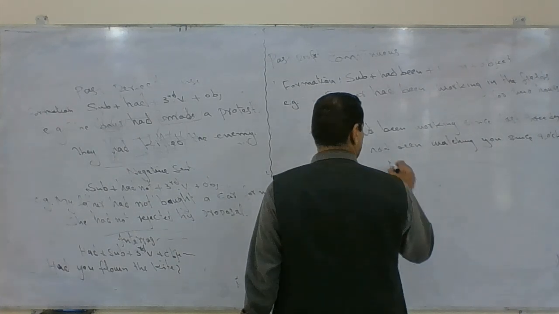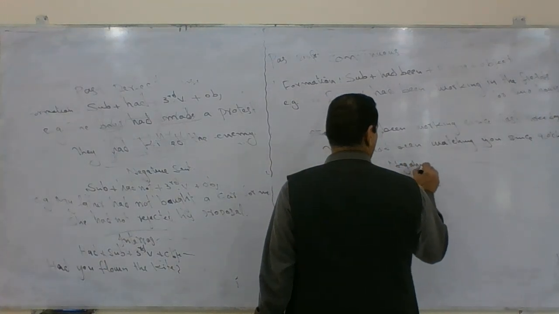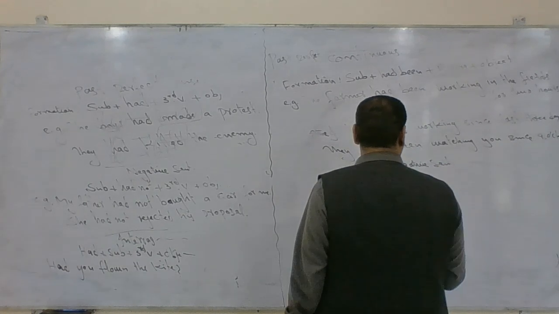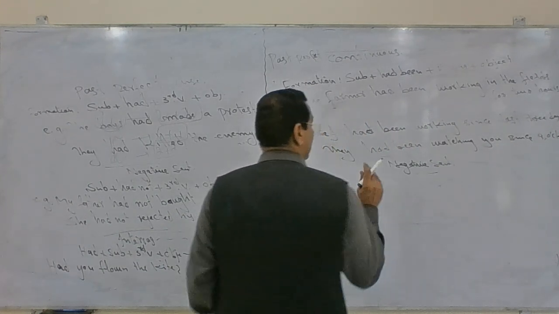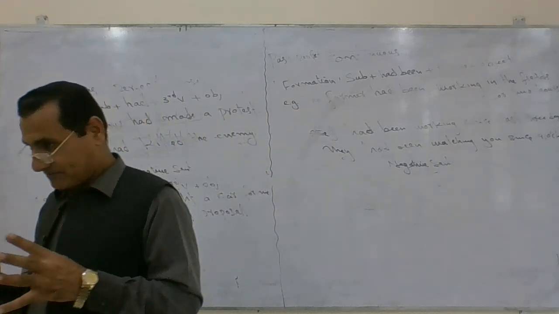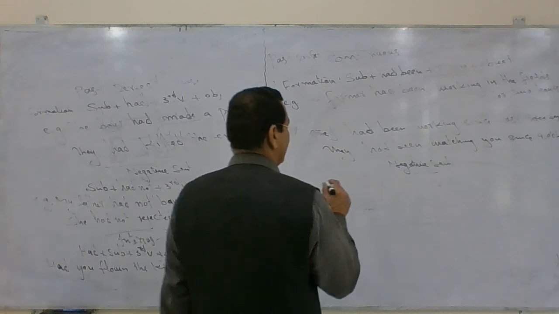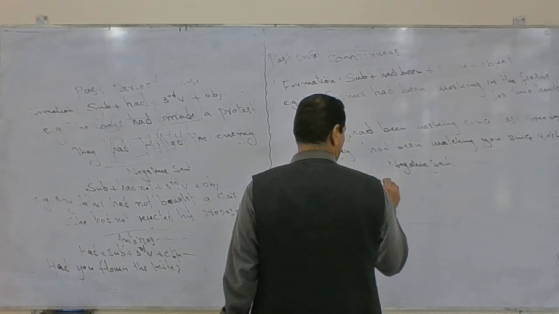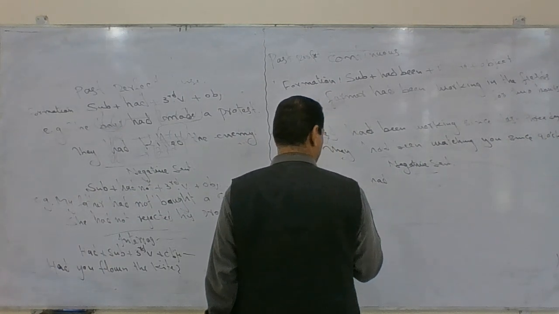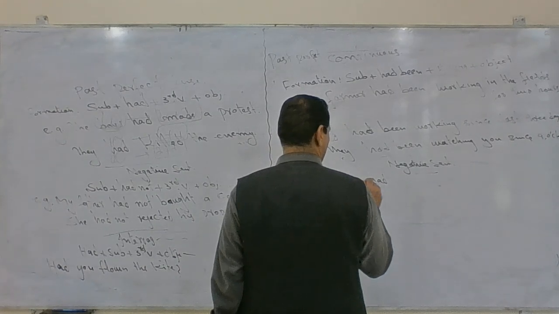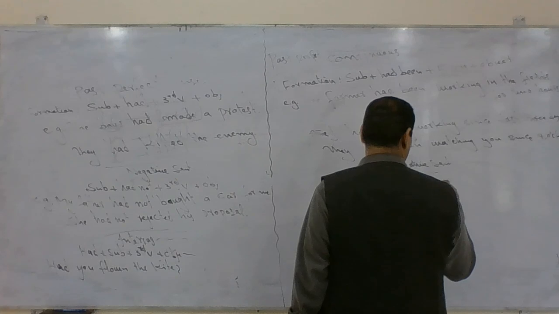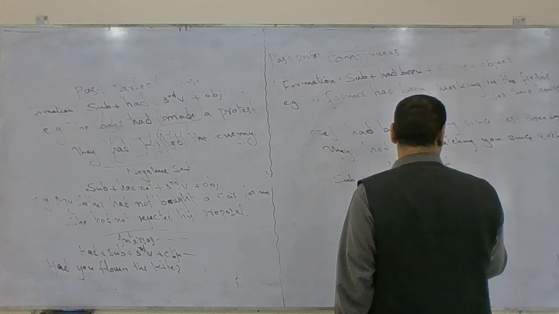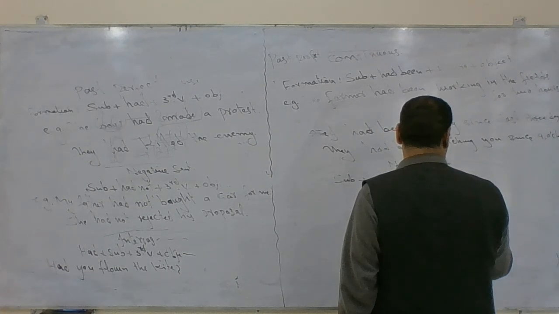For negative sentences, के लिए इस had और been के दरमियान not लगाएंगे, यानी ये subject plus had not been और फिर ing form of the verb और फिर.